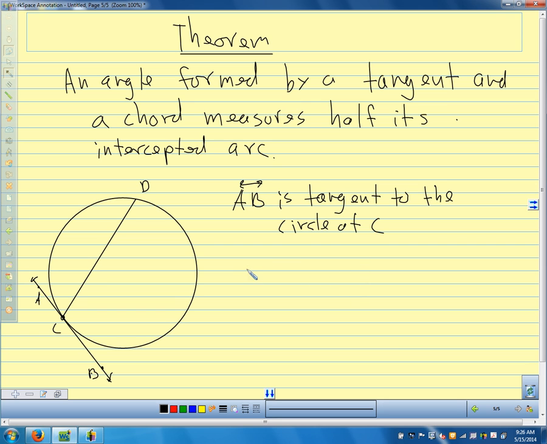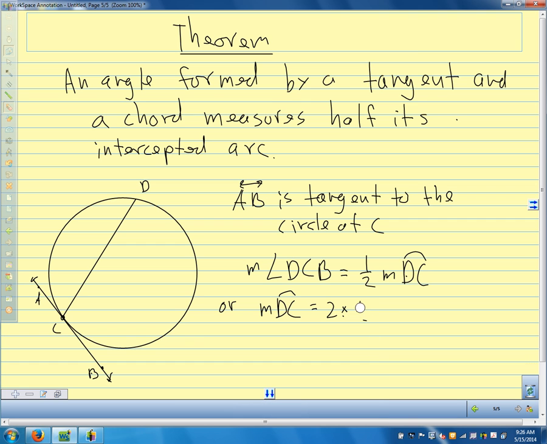And we're going to say that the measure of angle DCB is 1/2 the measure of arc DC. Or we can say it the other way around, that the measure of arc DC is 2 times the measure of angle DCB.